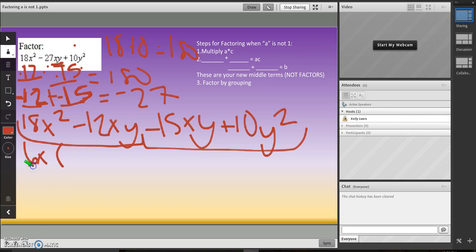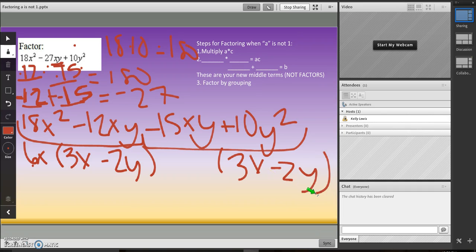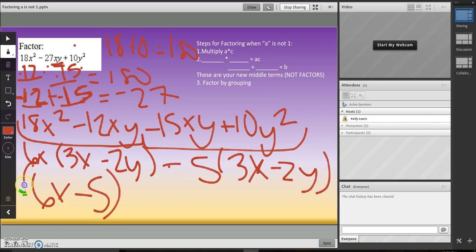So 18 divided by 6 is 3. 12 divided by 6 is 2, and then you have your y. And this has to be 3x minus 2y. So negative 15 divided by 3 is a negative 5. And then negative 5 times negative 2 is a positive 10. All right, so we have 6x minus 5, 3x minus 2y.